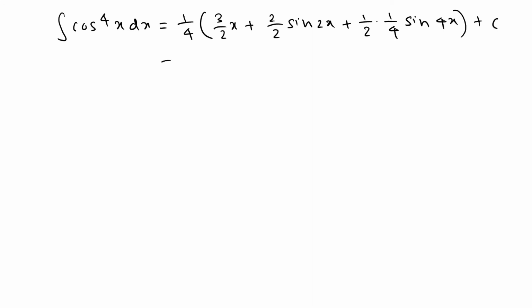If you simplify, you're going to get 3/8 x plus you divide, so you get 1/4 sine 2x, and then here you get 1/32 sine 4x plus c. So that's the final answer for that.